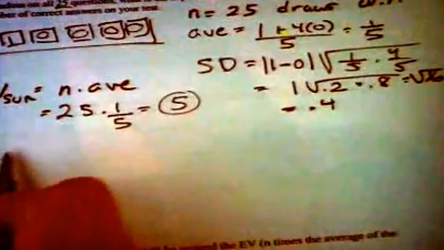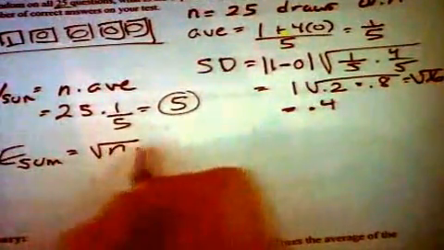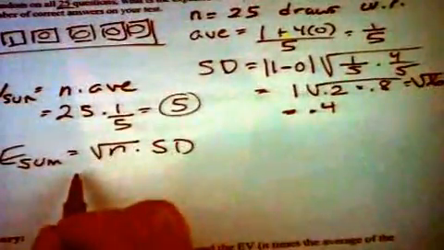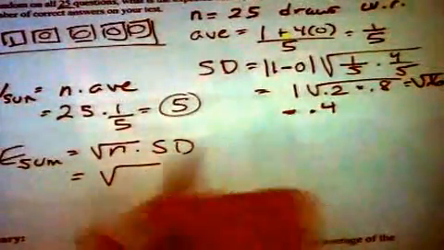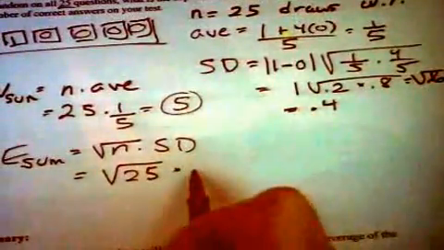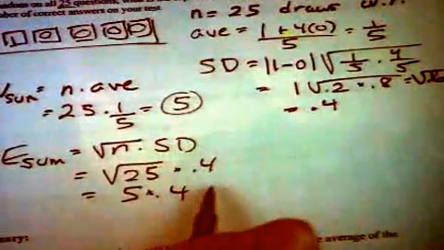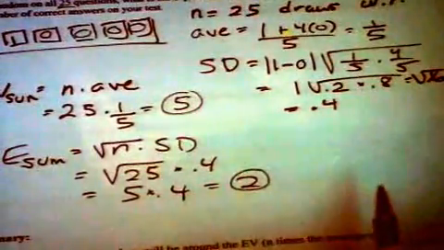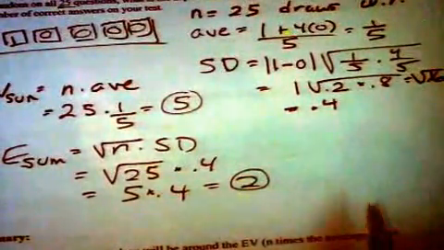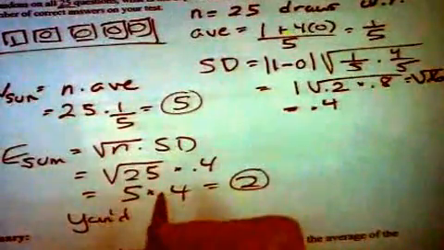But this one is not intuitive. And that's the square root of N times the standard deviation of the box. So that's going to be the square root of what? 25 times 0.4. So that's 5 times 0.4, which is 2, right? So you wouldn't do very well on this test.